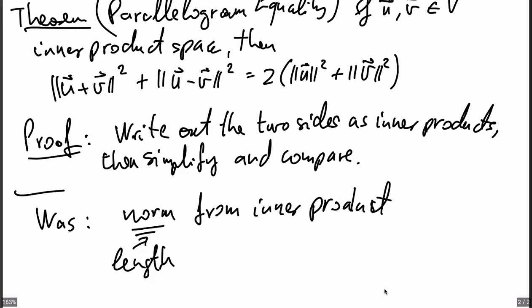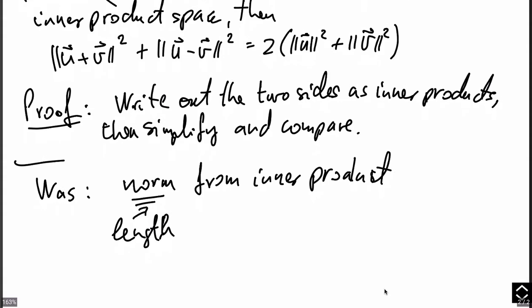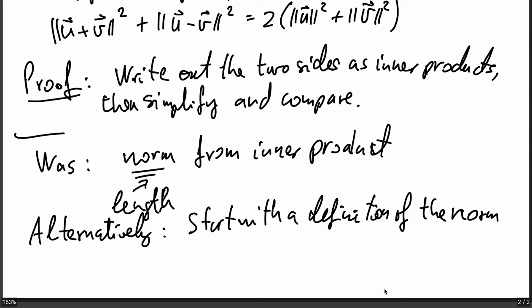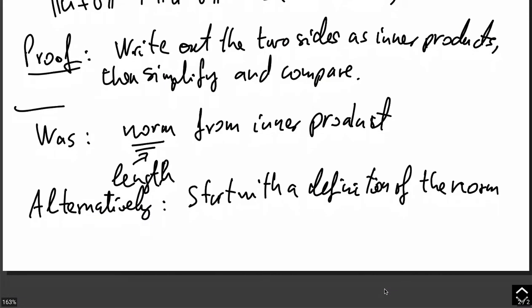We define the length of a vector using maybe a formula, and even before that, when you grow up and start learning about the length of things, that doesn't even have a formula. It just has some kind of naive definition. So alternatively, we can start with a definition of a norm, and then go from there.